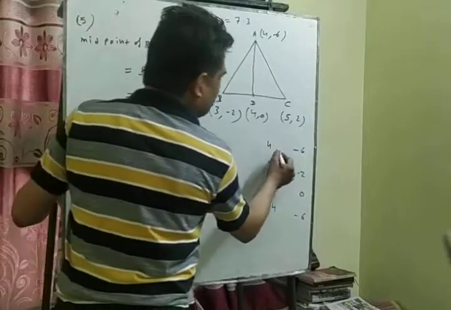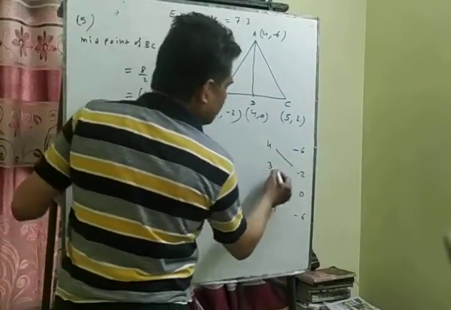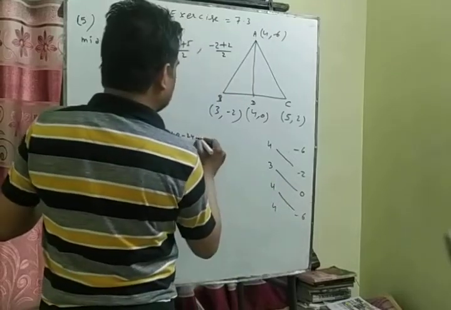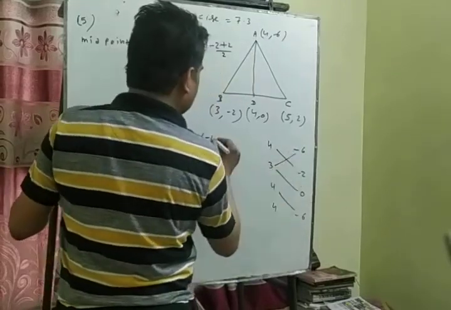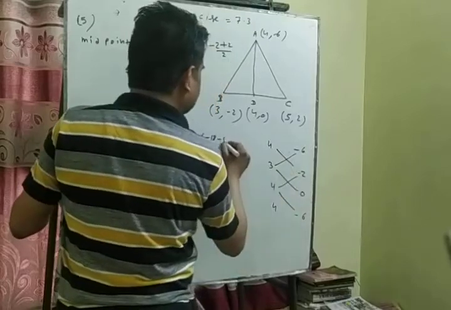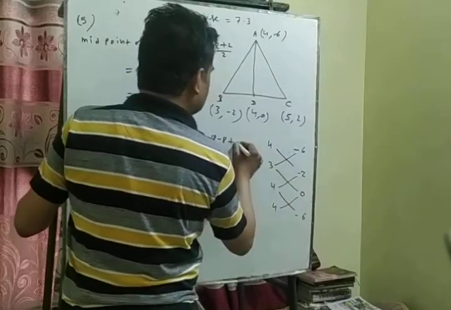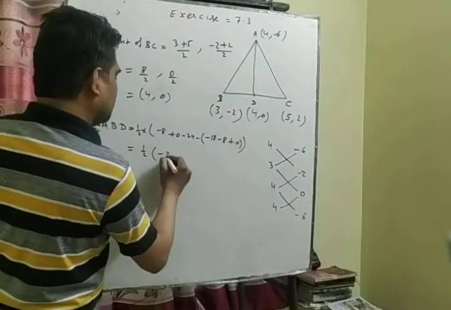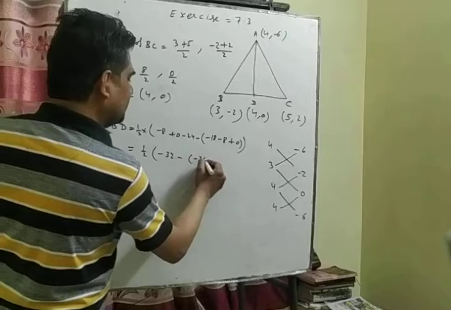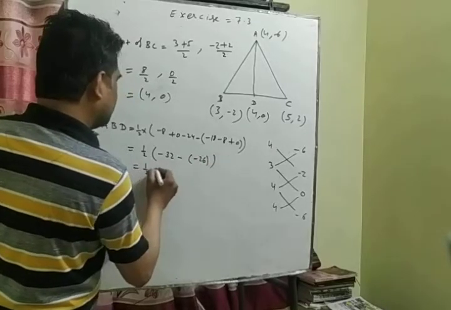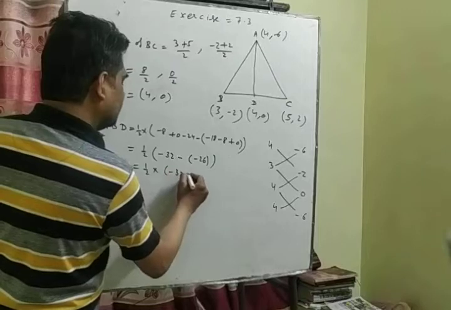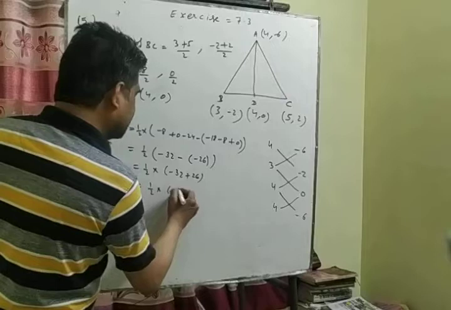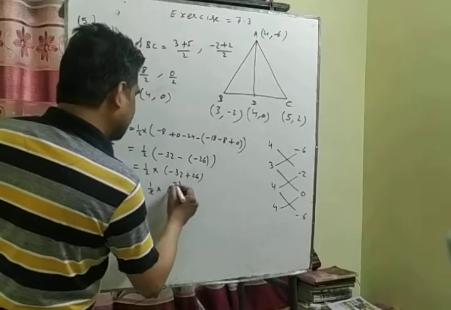Now 4 into 2 is 8, 0; 4 into 6 is 24, minus 18, minus 8; 4 into 0 plus 0. 1 by 2 into minus 32 plus 26, 1 by 2 into minus 6, that is minus 3.